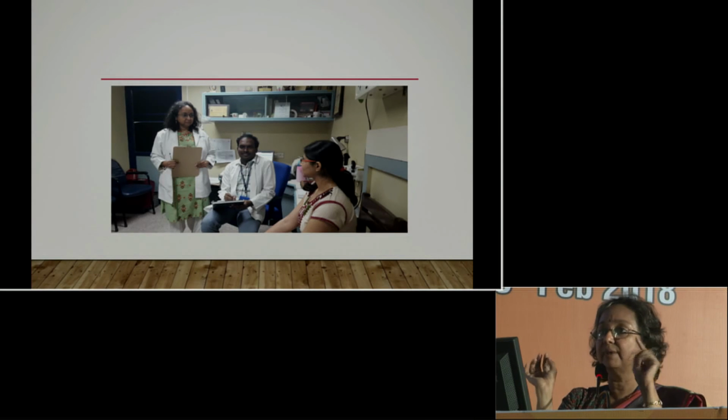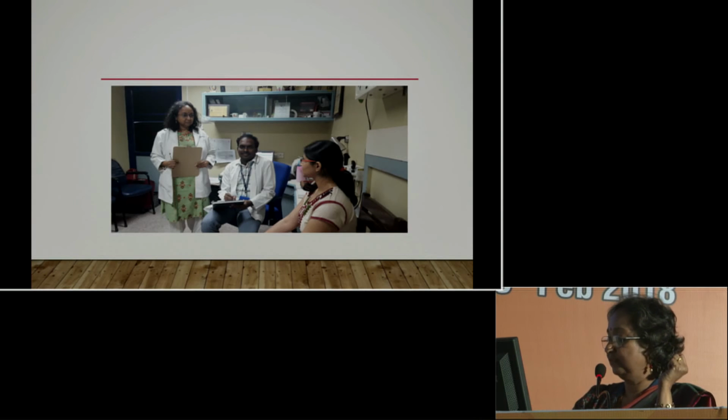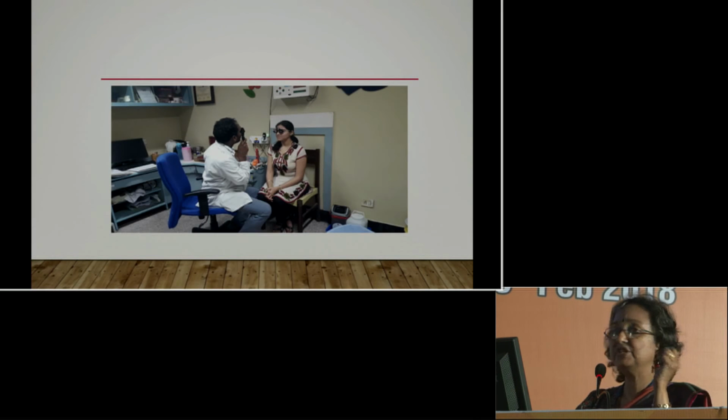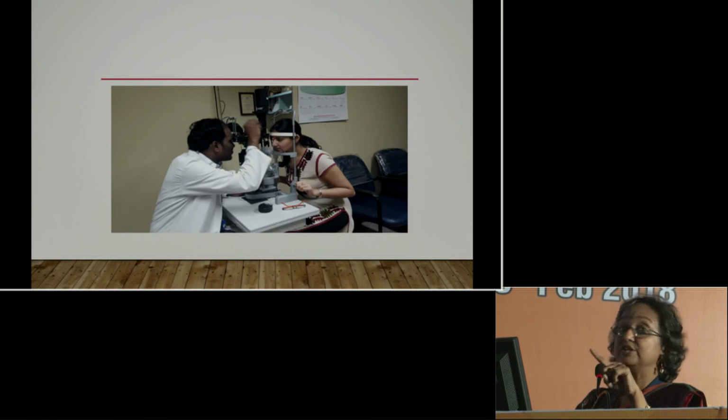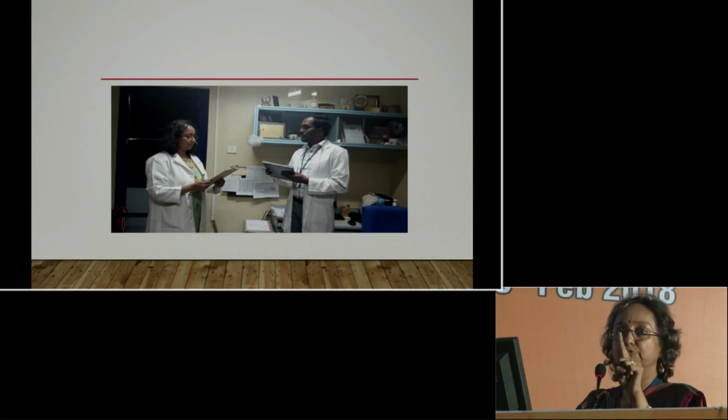I tell them I'm going to be quietly sitting in a corner with my pad. I have the OCEX on my clipboard, observing. The PG does everything, vision check, refraction, and just for the patient's sake, I get the refraction rechecked. I also recheck all the findings: the anterior segment slit lamp exam, the fundus exam, everything. At the end of it, the PG presents the whole case to me, and I give immediate feedback.